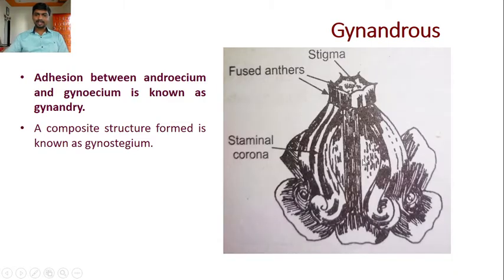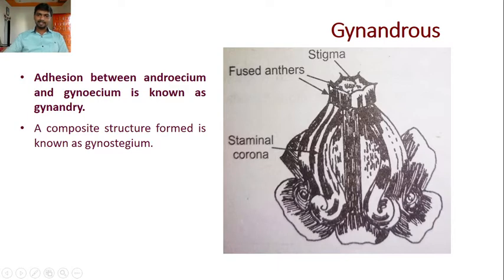As you know, the staminal corona is found in Calotropis, horn-like or horny appendages that are attached to the connective. Such a structure we call the staminal corona. Here the anthers get fused with the stigma. This is the adhesion.